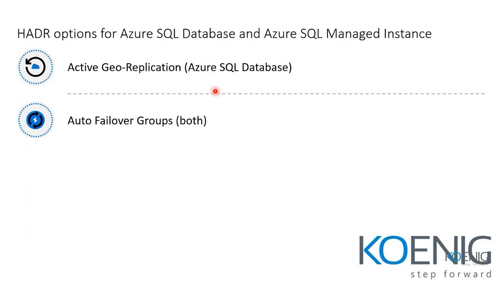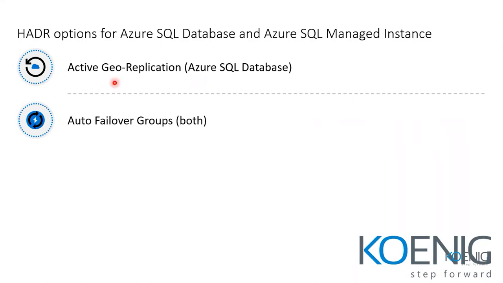Read replica means we can configure load balancing. The primary server is available for read and write, the secondary server is available for read operations. So this is called active geo replication.